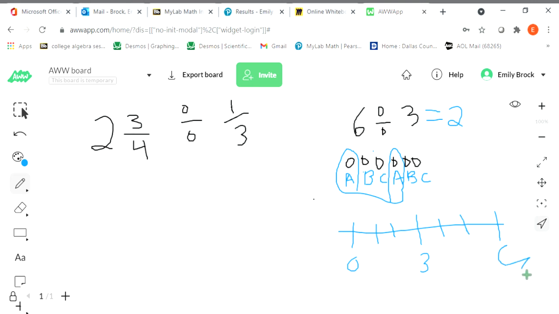Rather than trying to draw 1, 2, 3, 4, 5, 6, for me it's easier if I subdivide it in half, and then divide each half into thirds. 1, 2, 3, 4, 5, 6.